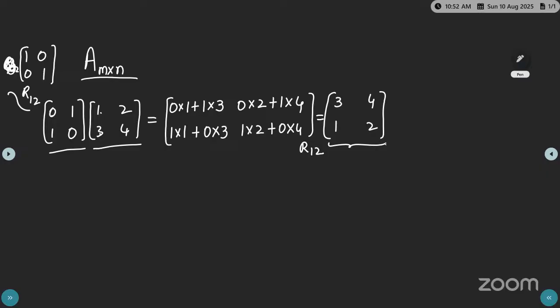Once again, pre-multiplication of an elementary matrix to the given matrix results in the corresponding row transformation in the given matrix. Got it or not? Write down.